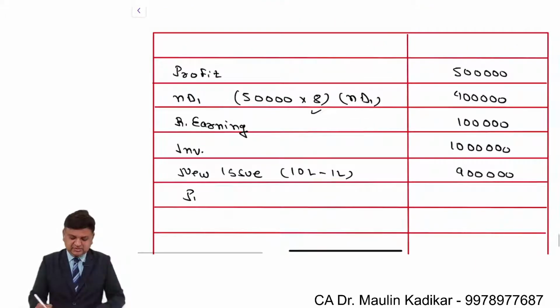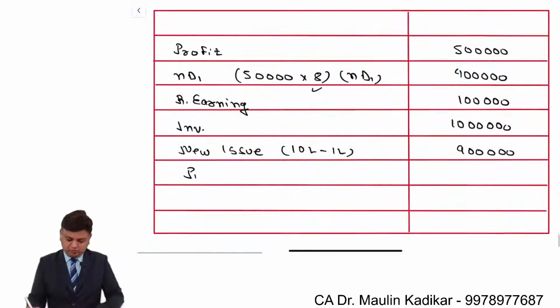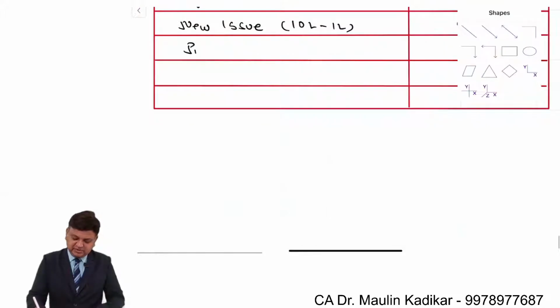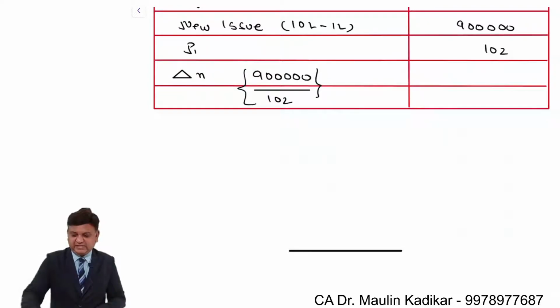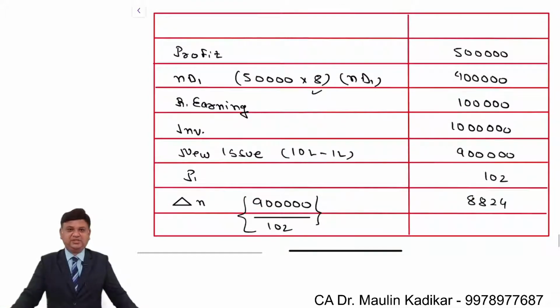Understand the important difference that if the dividend is paid, then the P1 is 102. Based on that, finally we'll calculate the delta N. It is 9 lakh rupees divided by price per share, 102. So the answer comes to 8824. That is the number of equity shares.